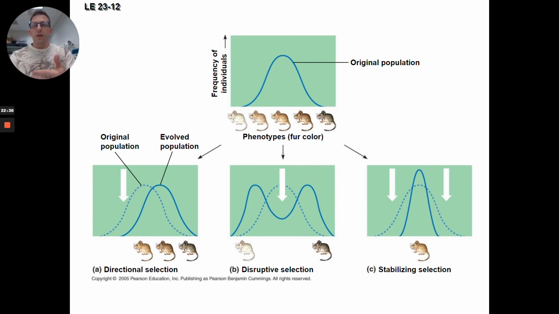So that's one of the reasons why it's good to have population variation, and why I spend a little bit of time talking about it, and the creation of it through mutation and the spreading of it through sexual recombination, because natural selection works on these different traits within the population.